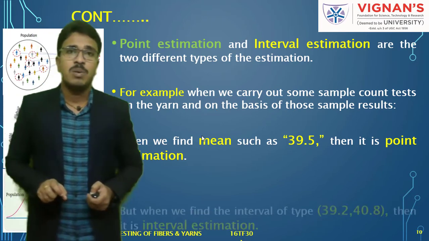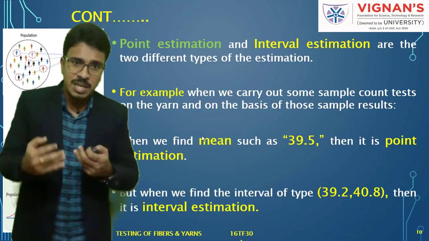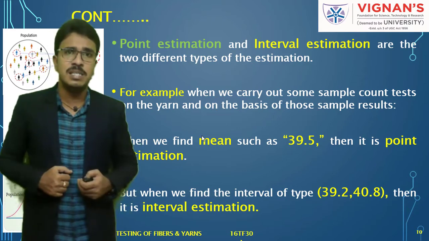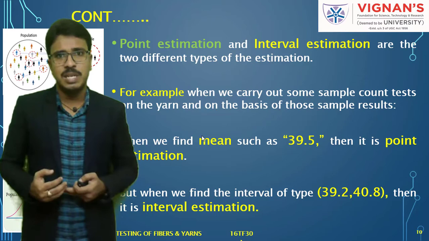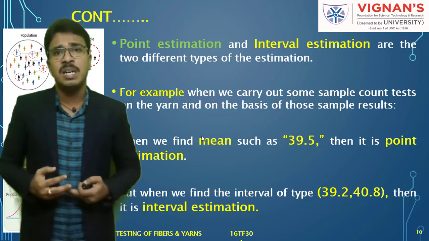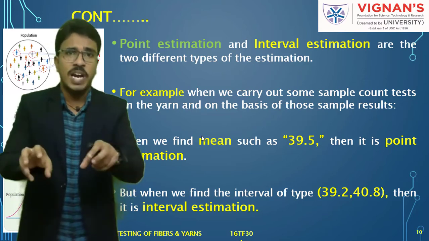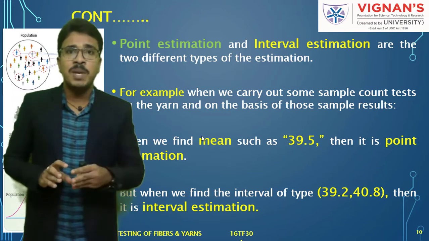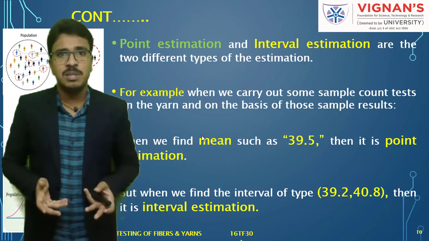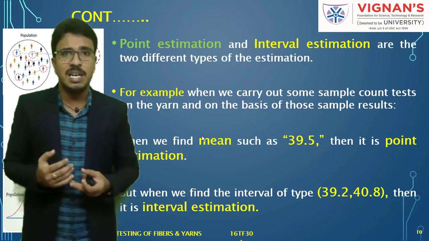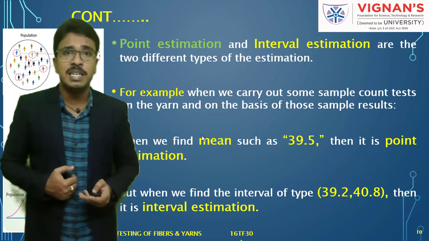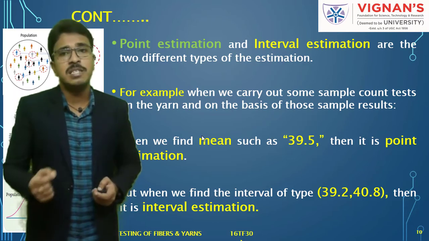Now, when we find the results in the form of an interval, that means in between 2 values, the yarn count may be in between 2 values. If you are estimating the results like that, then it is called interval estimation.